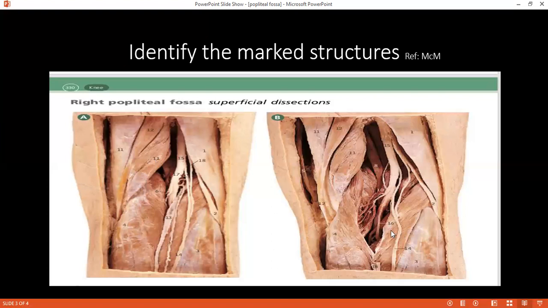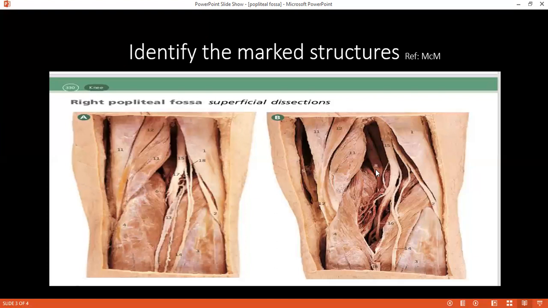Moving here on picture B, if you can identify 16, please. 16 is tibial nerve. Okay. If you can identify 10. 10, yes, this is the popliteal vein. Very good. And if you can identify number 8 over here.